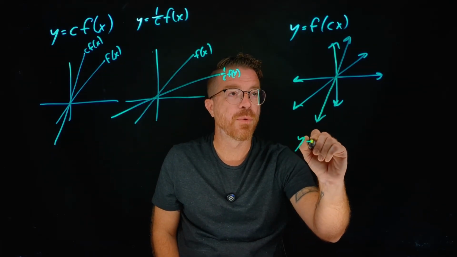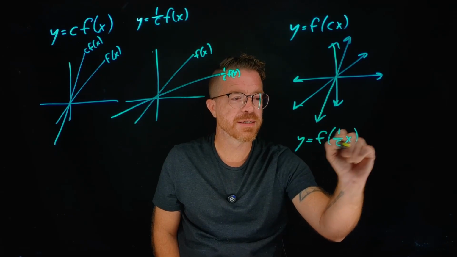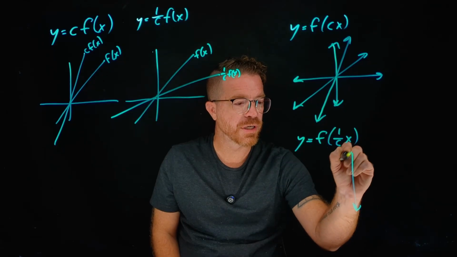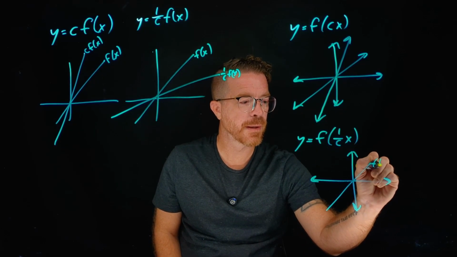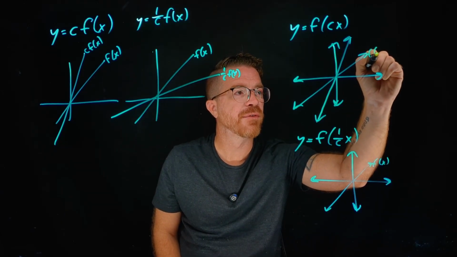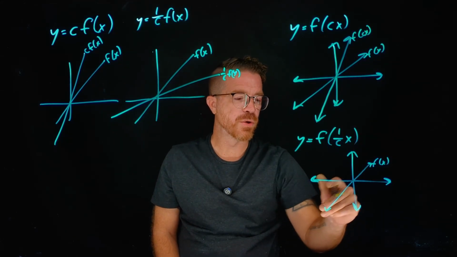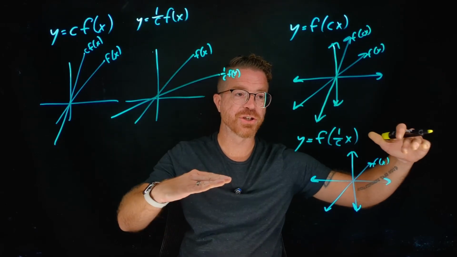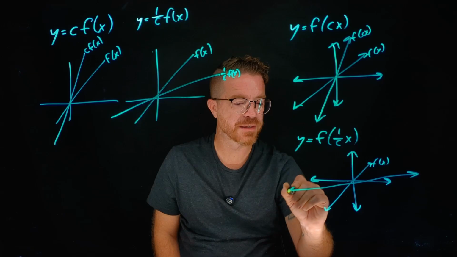Similarly, if I have y equals f of 1 over cx, this is going to be horizontal stretching, which means that it would be something like this. If this is my f of x, just like this was f of x, this was f of cx, this is going to take this function and horizontally stretch it, meaning that it is going to be closer to the horizontal axis.